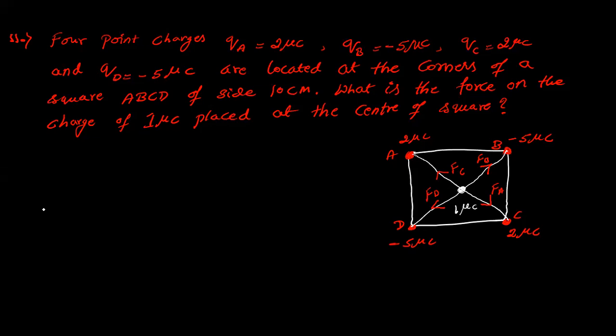So do that. Each side is given as 10 centimeter. Then what is the diagonal length? I'll call the intersection point, where the 1 microcoulomb charge is, O. The diagonal length AC or BD is equal to root 2 into side, that is root 2 into 10 centimeter.